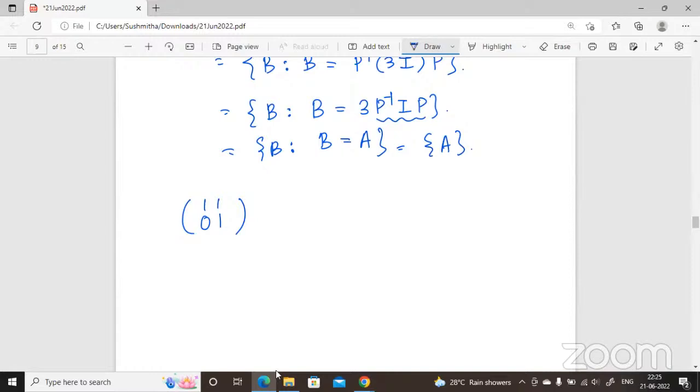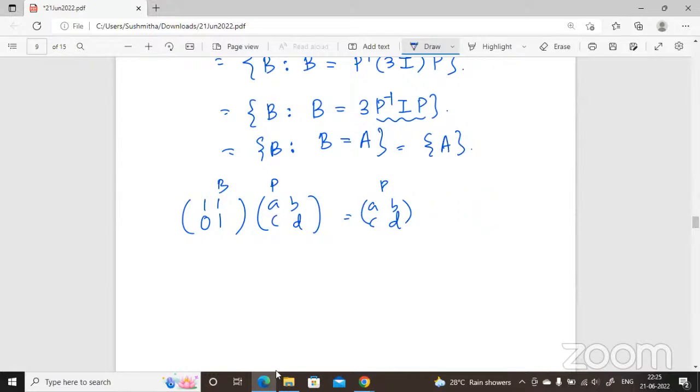I am not sure, but let's attempt. I want BP to be equal to... I don't think it's going to work. In 2 by 2 it may be difficult to construct.